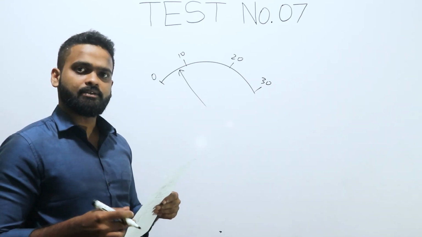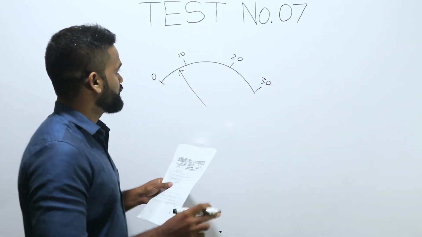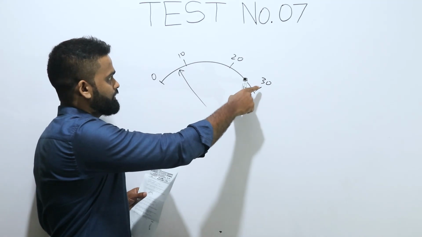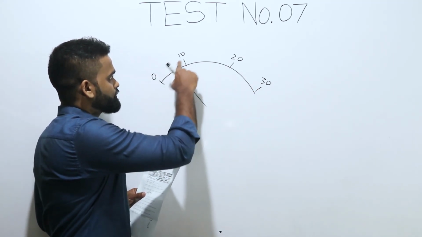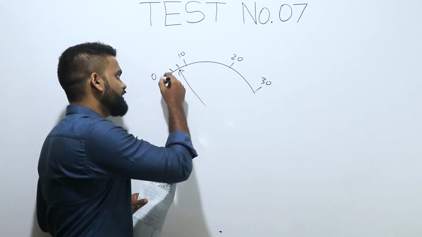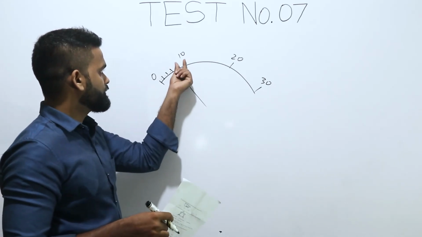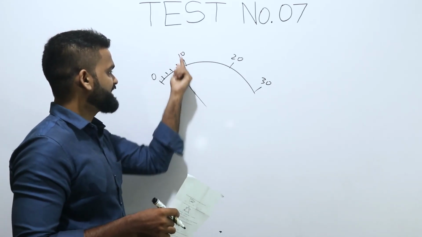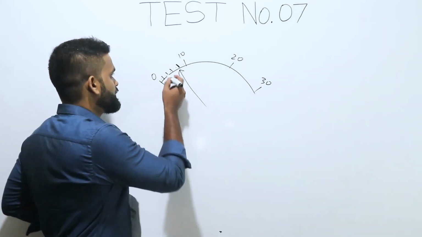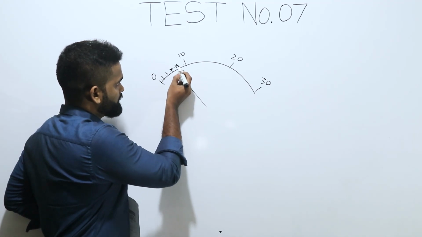So before finding the zero error, we consider the least count. If you think about this, you don't have to think about all the 30 values, you can just think: the value here is just 10. Then this 10 is divided into 5 parts: 1, 2, 3, 4, 5. So if the value 10 milliampere is divided into 5 parts, the least count should be the value of one part.